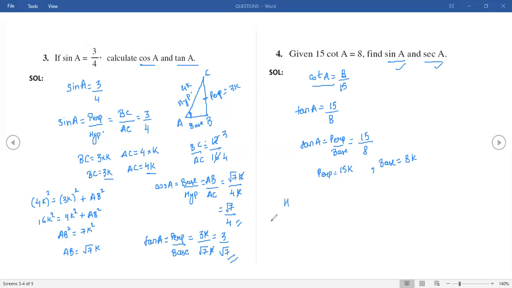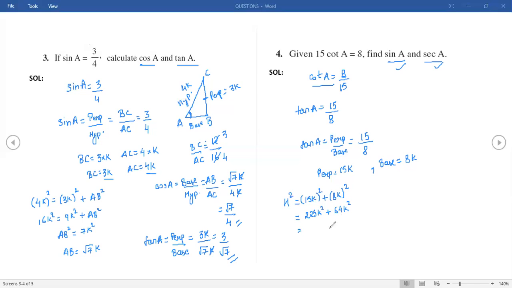Hypotenuse square is perpendicular square, that is 15K whole square, plus base square, that is 8K whole square. 15 square is 225 K square, and 8K square is 64 K square.